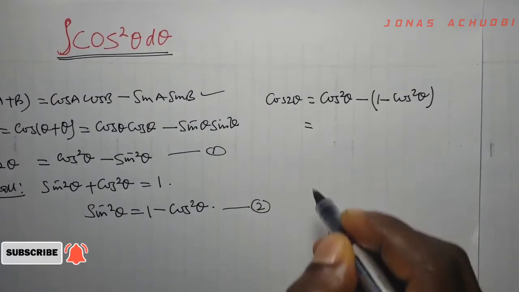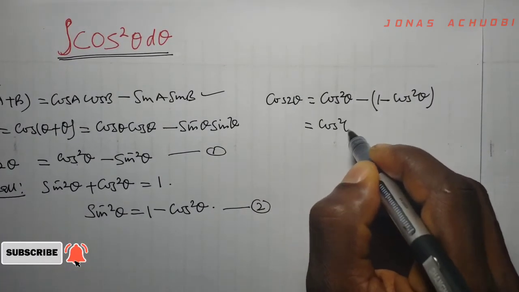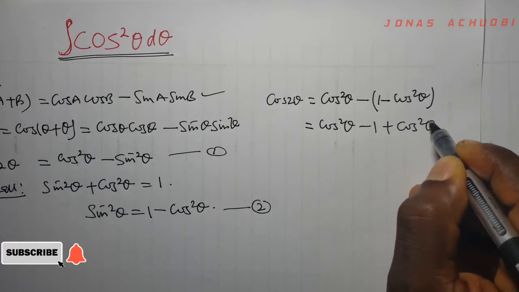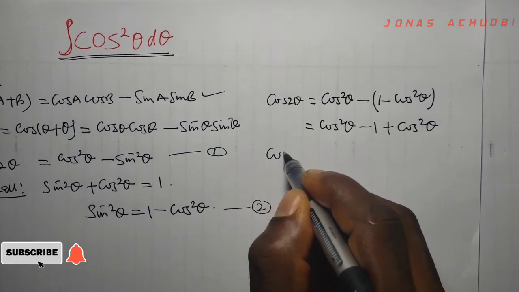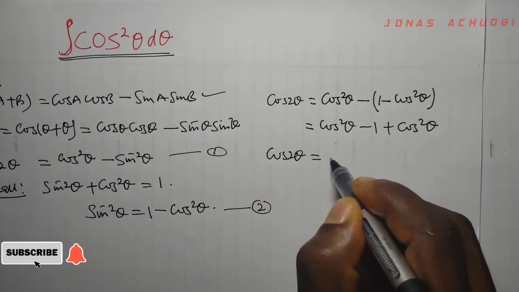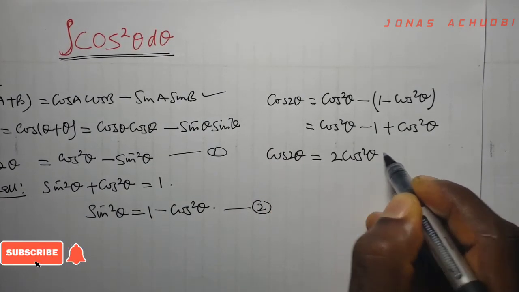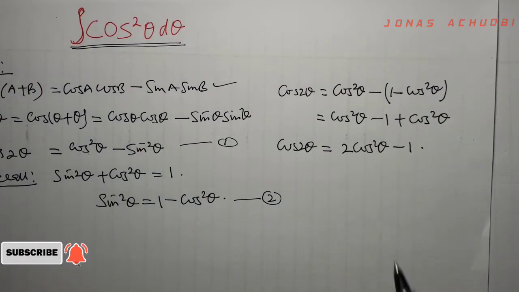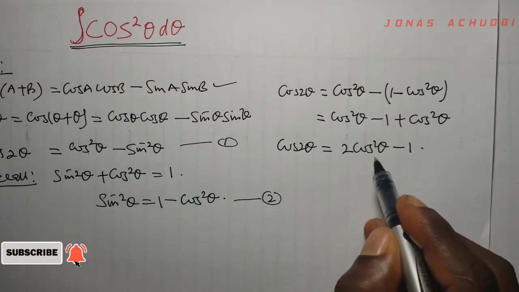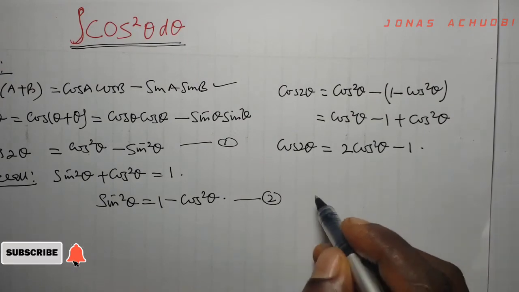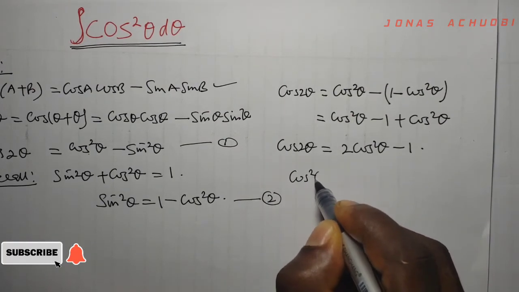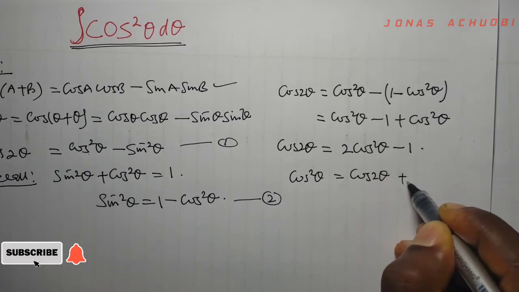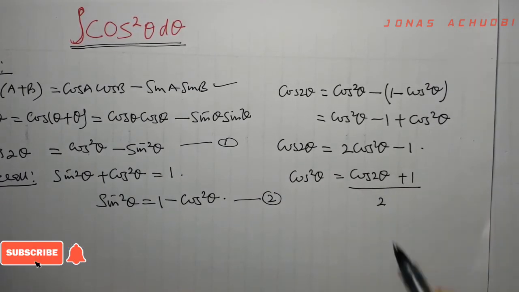If we open up the bracket, we have cos squared theta minus 1 plus cos squared theta, so that cos 2 theta is equal to 2 cos squared theta minus 1. So if we make cos squared theta the subject of the equation, we get cos squared theta is equal to (cos 2 theta plus 1) divided by 2.